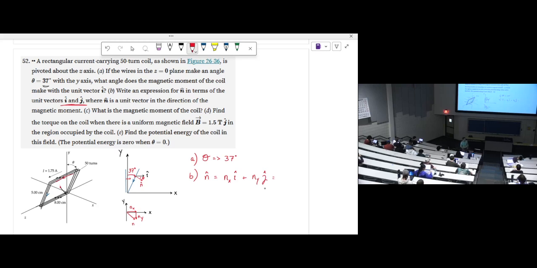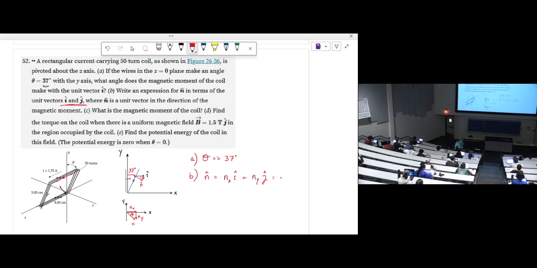And so how do I get those particular components in terms of i hat, j hat, and the angle theta? Well, if this is the angle theta inside of here, n sub x is the adjacent side to theta, so that's going to be equal to n, which has unit length 1.